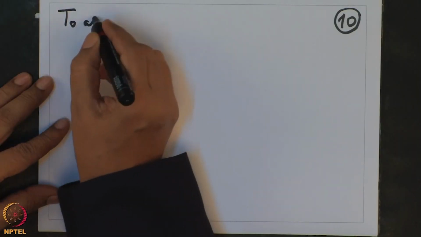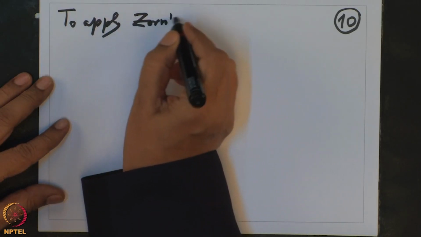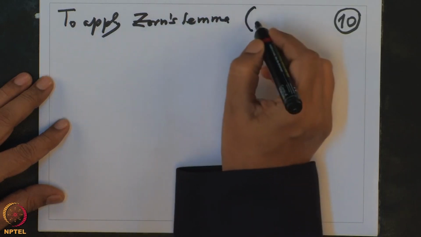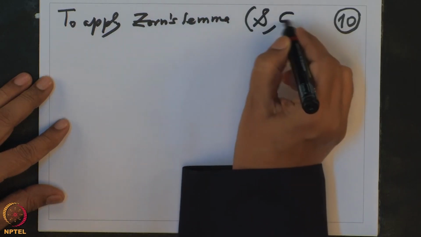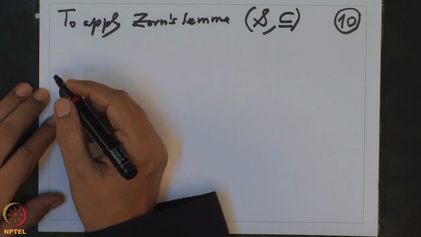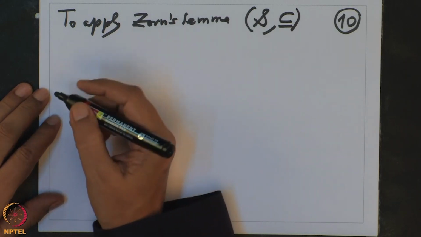So, to apply Zorn's lemma to the ordered set S with respect to the inclusion, I should check that this ordered set is inductively ordered.